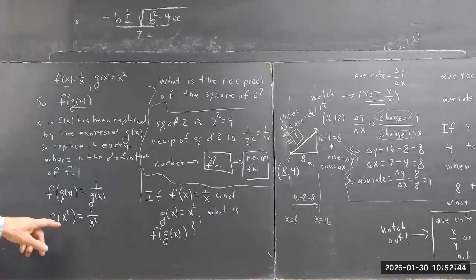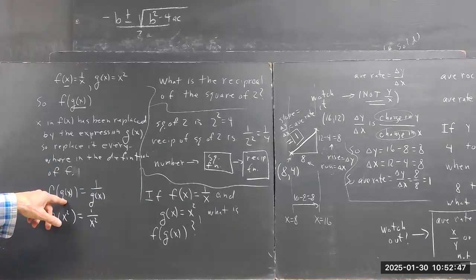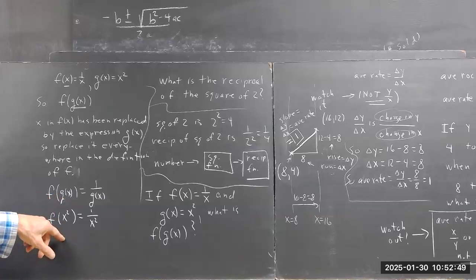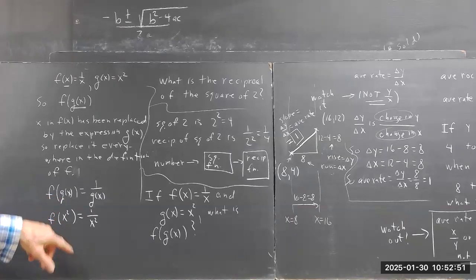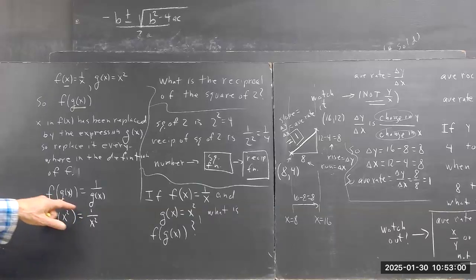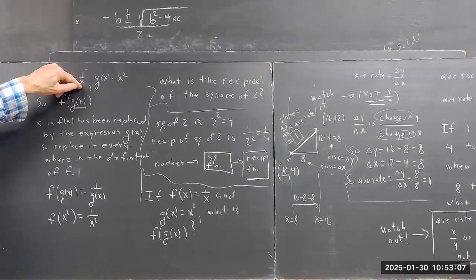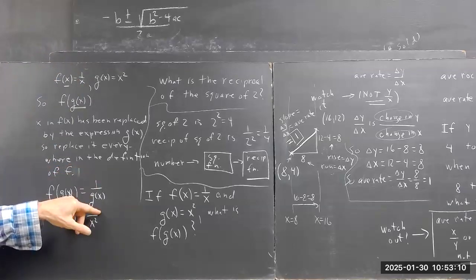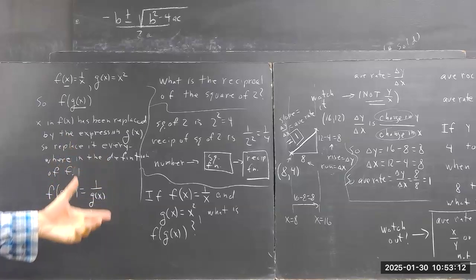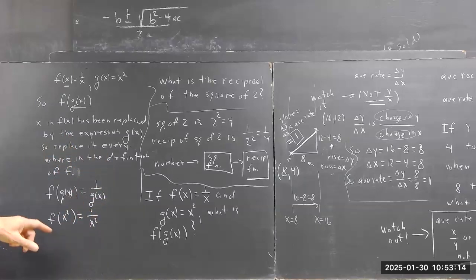So if you wanted to do it in one step, okay, but we want this intermediate step. So now f of x squared is 1 over x squared, because f of g of x equals 1 over g of x. Simple pattern. f of x is 1 over x, so f of g of x is 1 over g of x. Now g of x is x squared, so f of x squared is 1 over x squared.